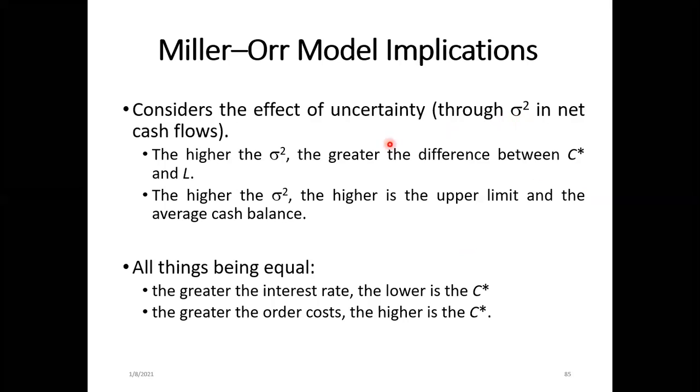Net cash flows mean cash inflow minus cash outflow, equal to the cash balance, and we take the net cash flows of the last 100 days or 1 year and get the standard deviation. That's the variance. In the case of stock return, what do we call the standard deviation of stock return?